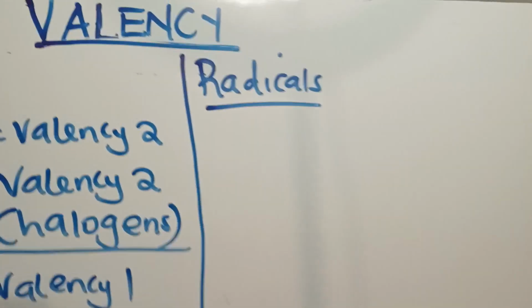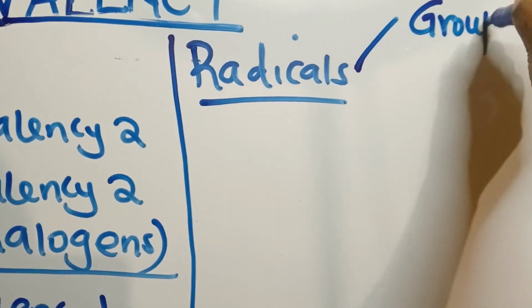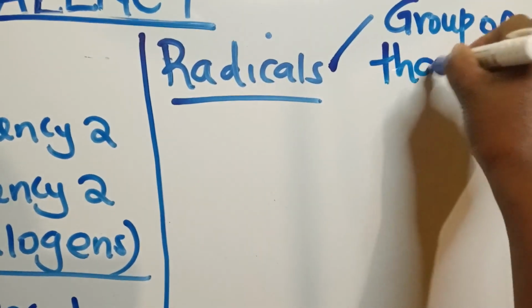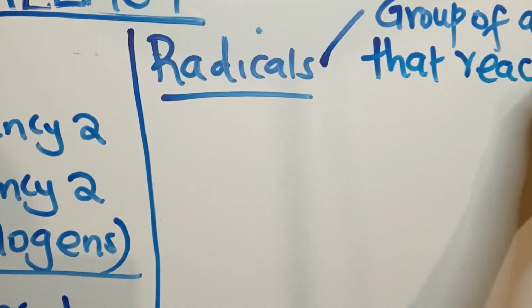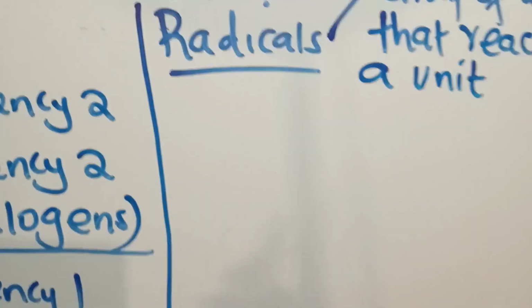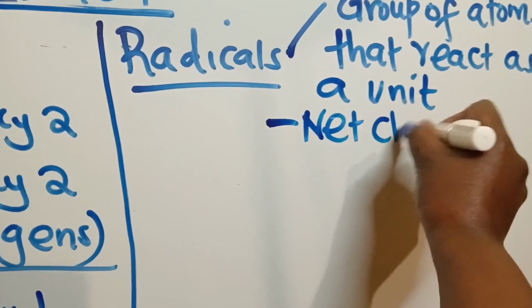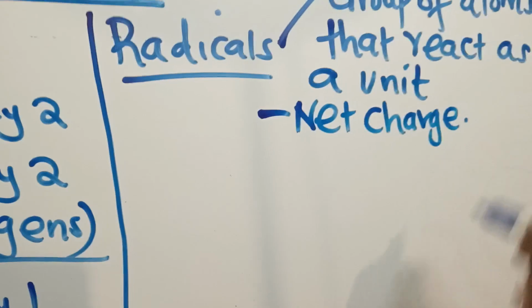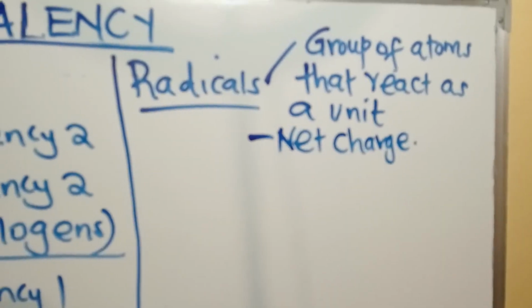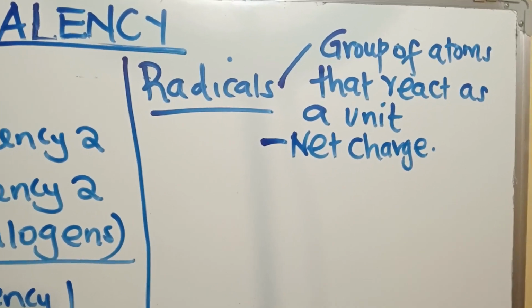Radicals, as we said earlier on, are a group of atoms that react as a unit. They react as a unit, and they usually have a net charge written on top of the atom. So even for these radicals, we also needed to determine their valencies.